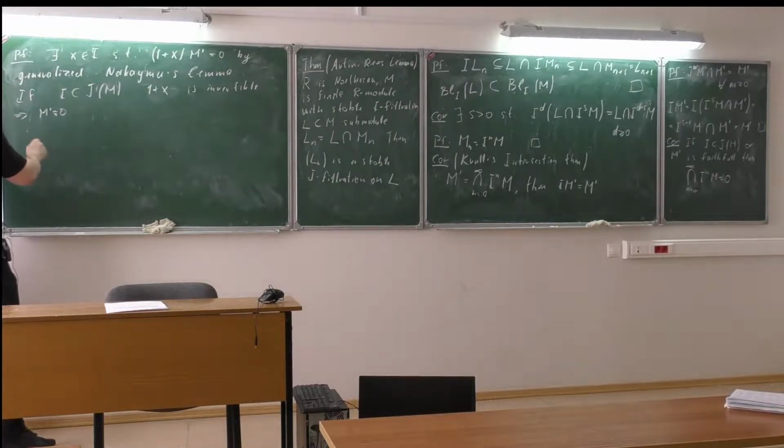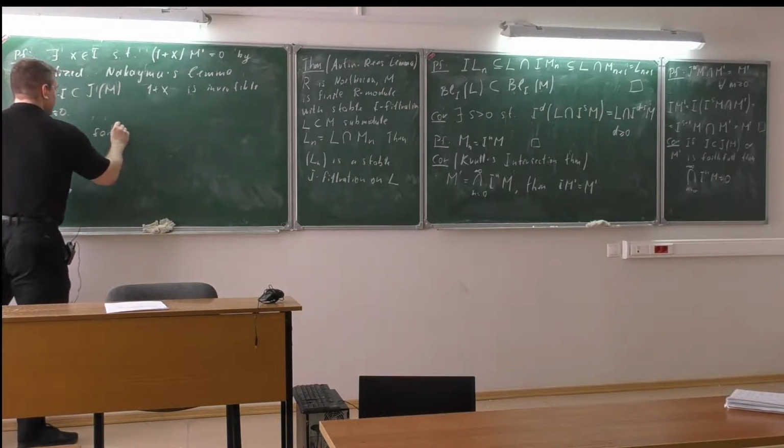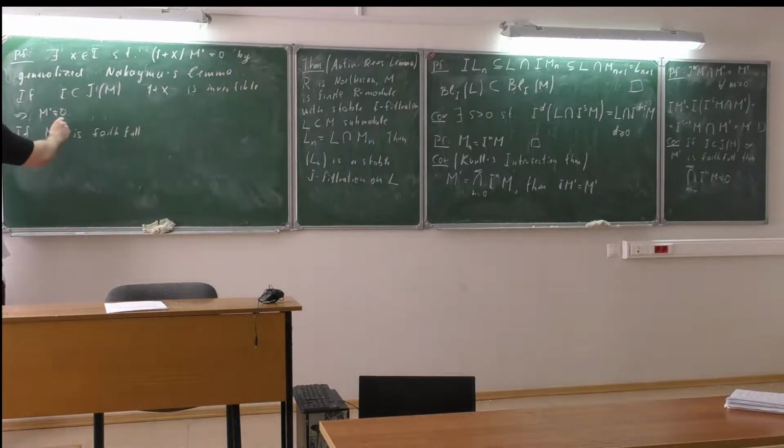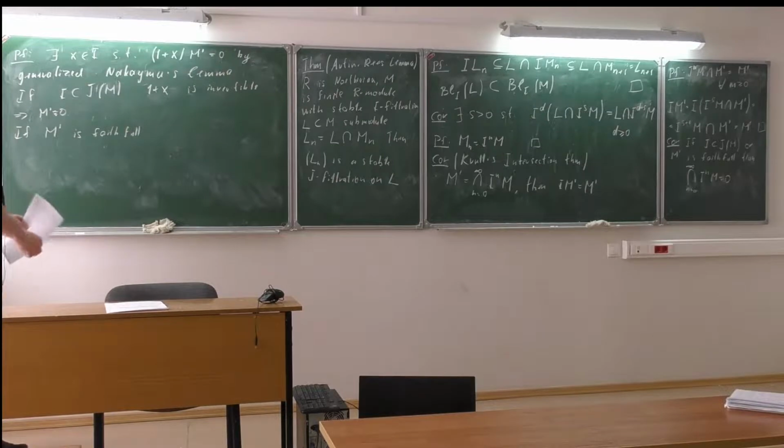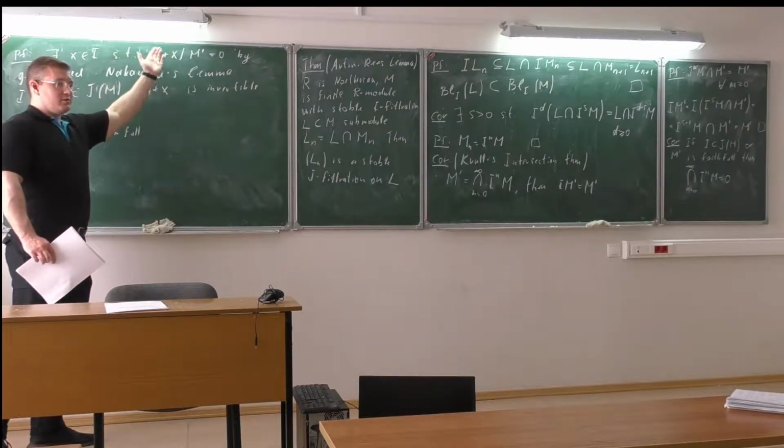So finally, if m prime is faithful, it means that all elements that annihilate this module are only 0 elements. This element annihilates this module, so this is the 0 element.